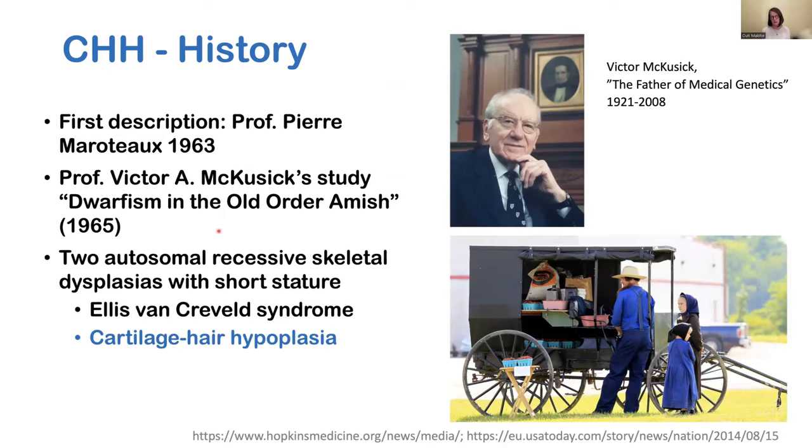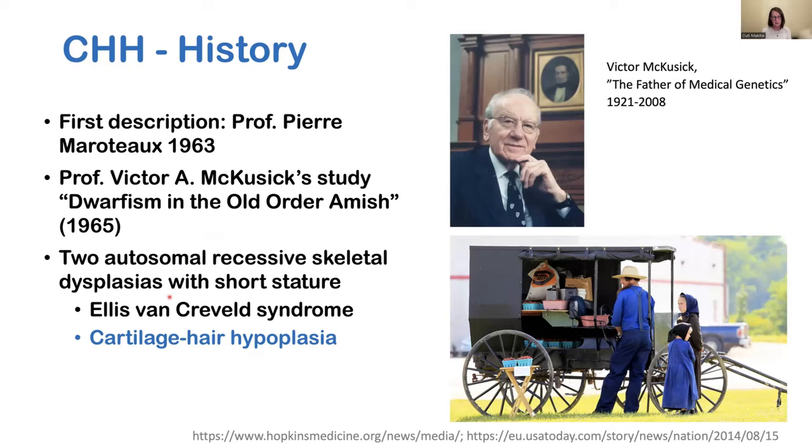It was known that this is an inbred population with remote consanguinity and lots of autosomal recessive disorders. In his studies, Victor Mäkitie identified two new autosomal recessive skeletal disorders among this population.